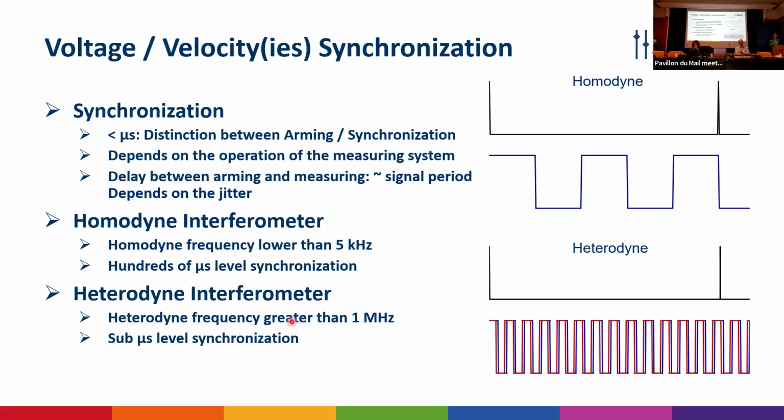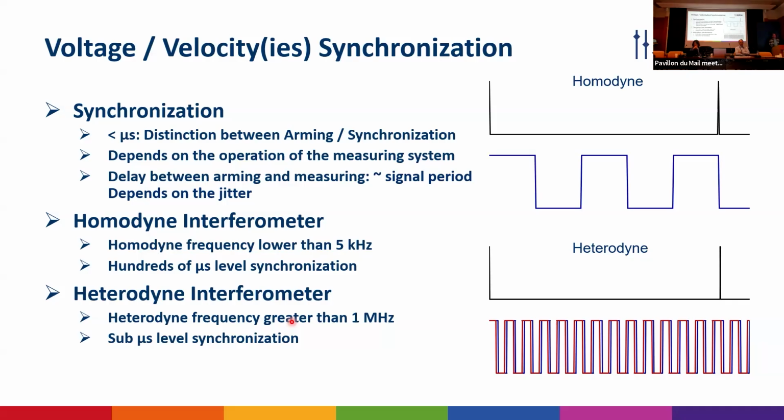In the case of a heterodyne interferometer, we are talking about events every 500 nanoseconds or 1 microsecond. And in this case, once you trigger your system, you will have one measurement event within 1 microsecond. So in terms of synchronization, there is a major difference between homodyne and heterodyne interferometers.